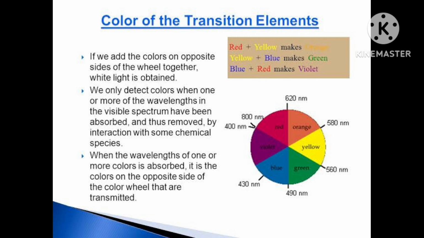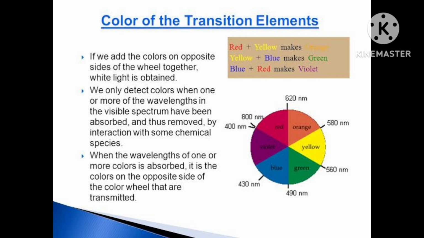The calculated value is 4.9 and the observed value is 4.8, a 0.10 difference. Manganese 2+, Mn2+, is 3d5, n is equal to 5. The calculated value is 5.92 and the observed value is 5.96, very close. You only have to put the n value in the formula.